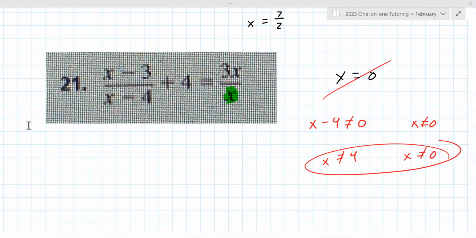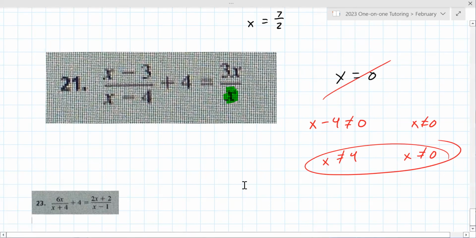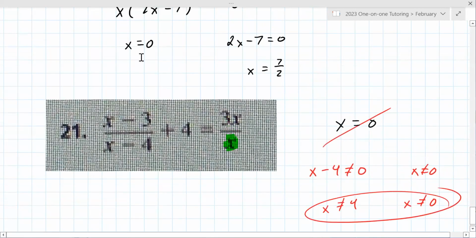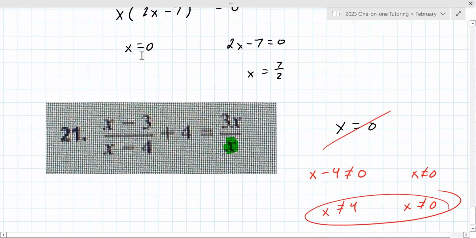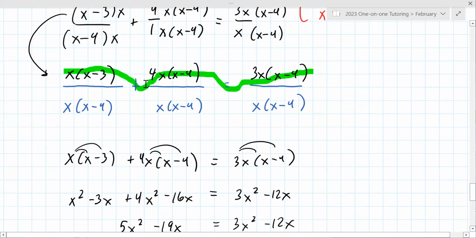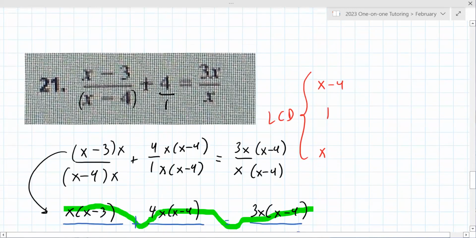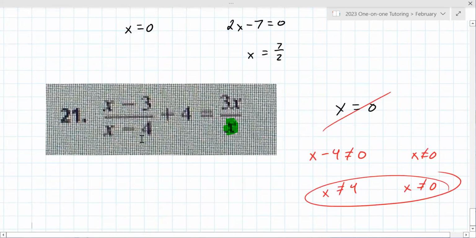Any questions on it, or any thoughts, things you want clarity on? So if x equals 0, and there was one other one we had where x equals 0. I think it was. It's okay if it's 0. It's just you can't divide by 0. Okay, so it's just hard to check. Yeah, it is hard to check.